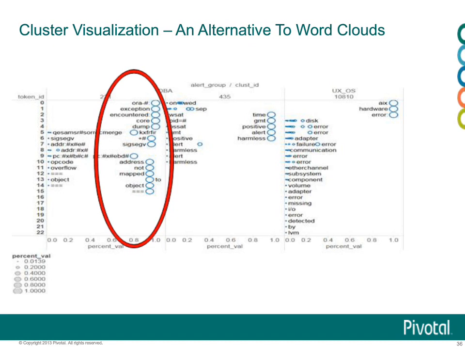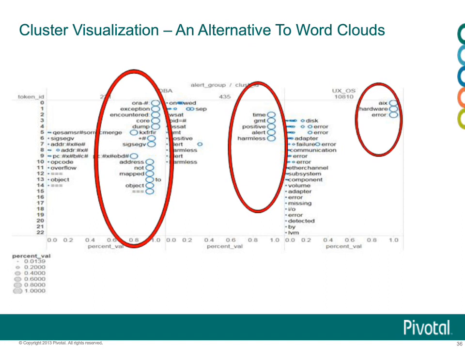For example, the second cluster is talking about something positive, alert, harmless, and these words tend to occur in the same position in all of the cluster members. And then a similar interpretation can be performed for the third cluster here.